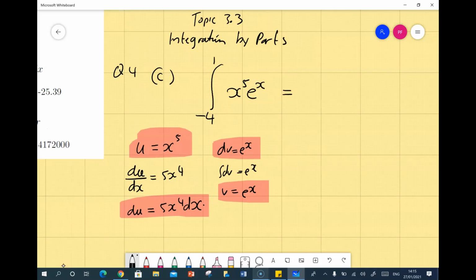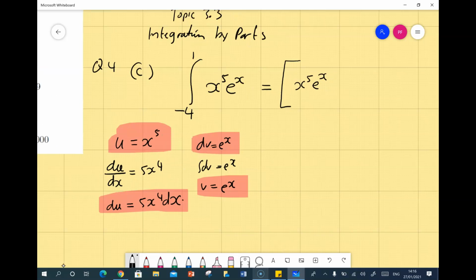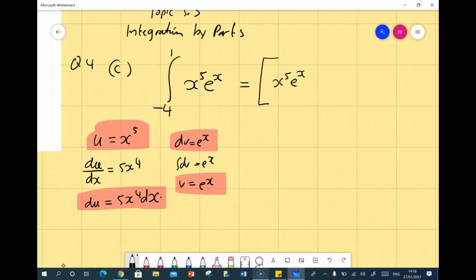So the integral of all of that is u times v, x to the power of 5 times e to the power of x, minus the integral of v du, e to the power of x times 5x to the power of 4.